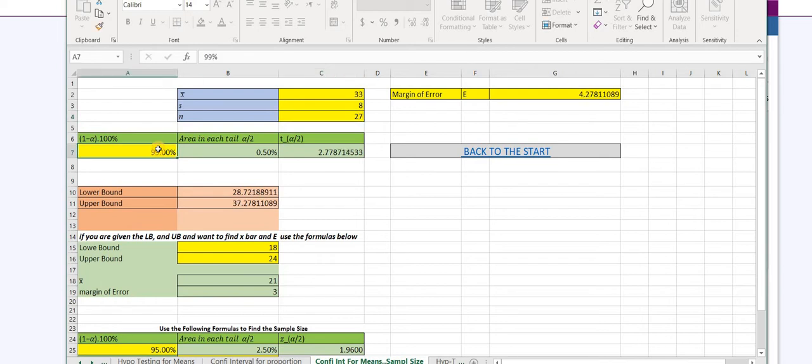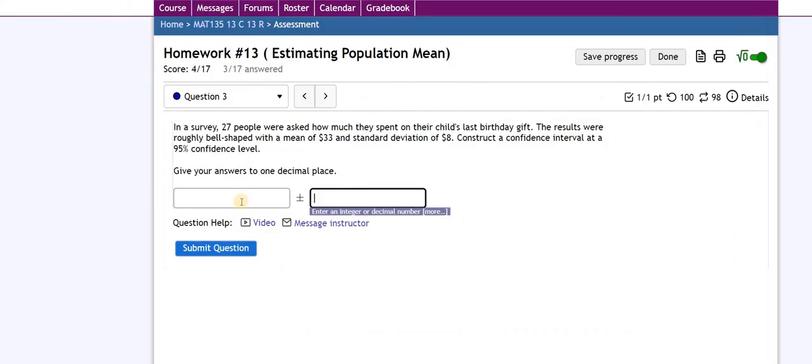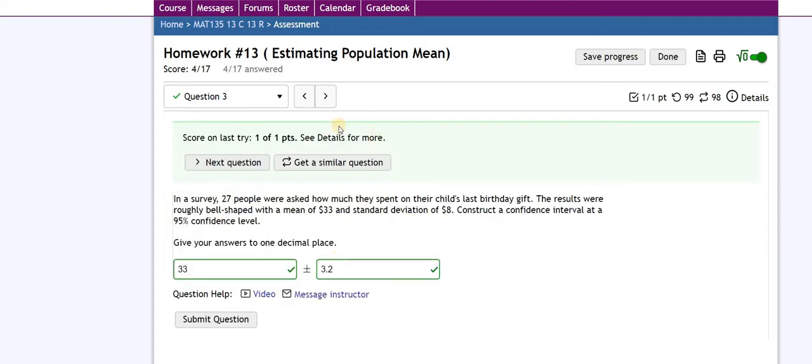The level of confidence is 95%. Now all I need is the margin of error. I know the mean is 33, so that is what's going to go here, and the margin of error is going to go here. I'm going to round it to 1 decimal place, just like the question is asking me to do. And that is how you're going to answer that question.